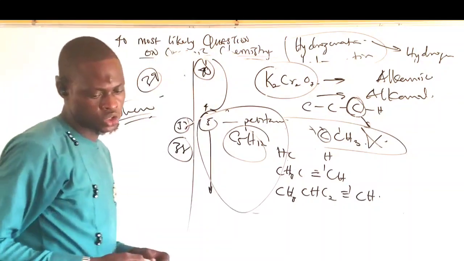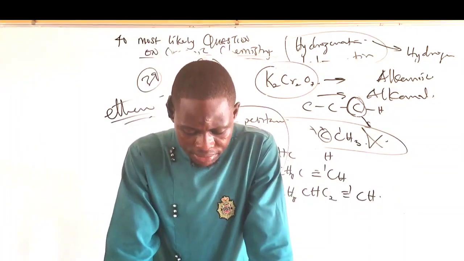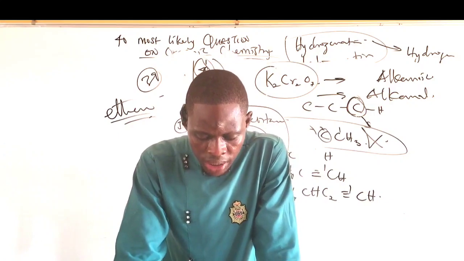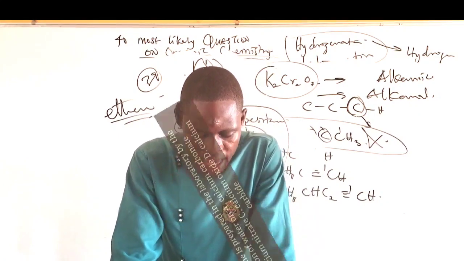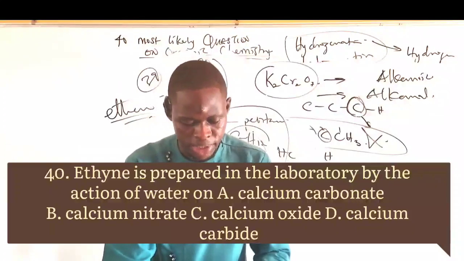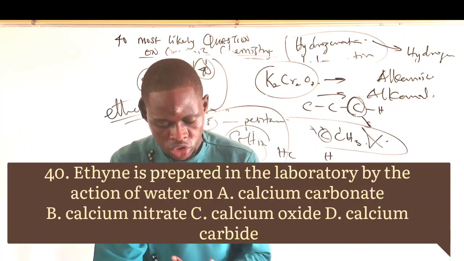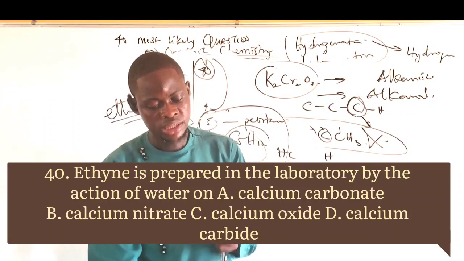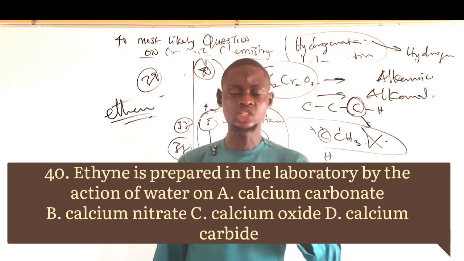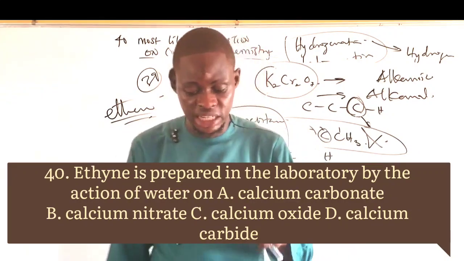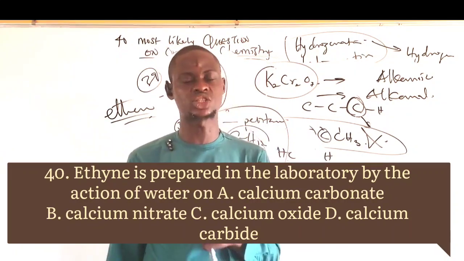Ethyne is prepared in the laboratory by the action of water on A, calcium carbonate, B, calcium nitrate, C, calcium oxide, and D, calcium carbide. Ethyne is prepared in the laboratory by the action of water on calcium carbide.